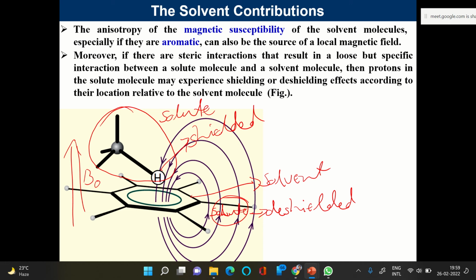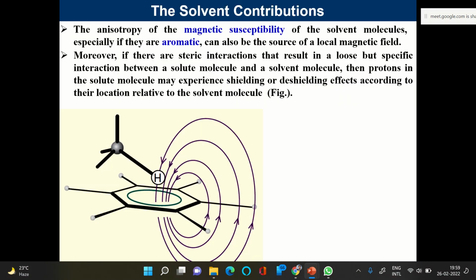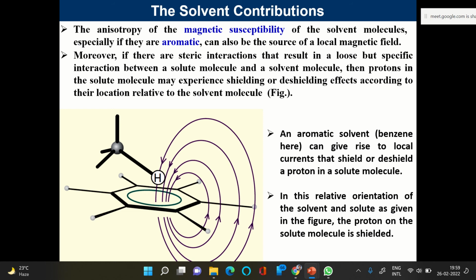So that is something that gives you a very unpredictable kind of NMR signal, an unpredictable shift, you can say. So one time it can give rise to local currents, shield or de-shield, both can happen for the solute.